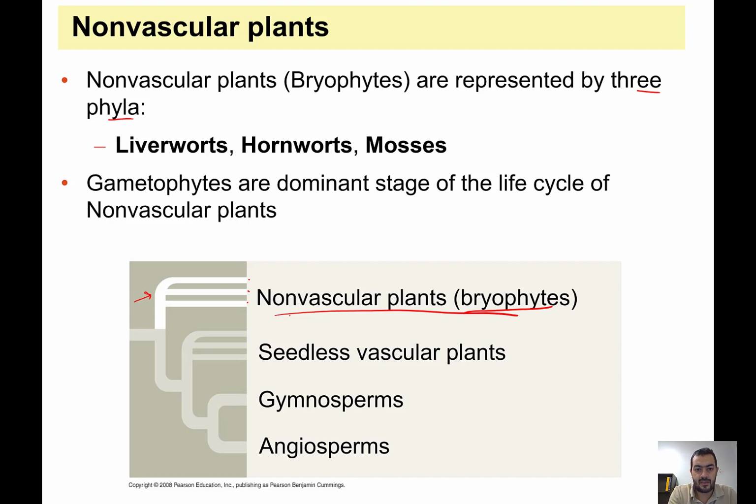We will find that this is characteristic of the non-vascular plants, because once we move on to the vascular plants, which include the other three groups, we will see that the sporophyte is the dominant stage.